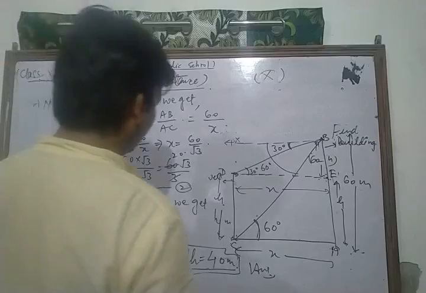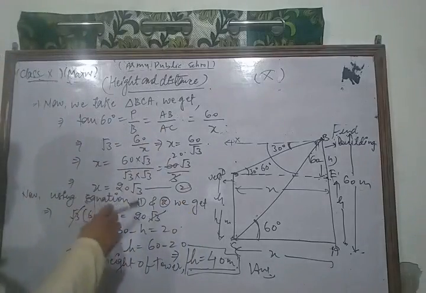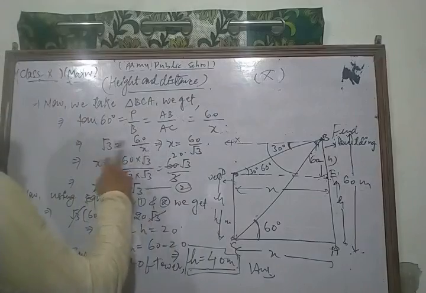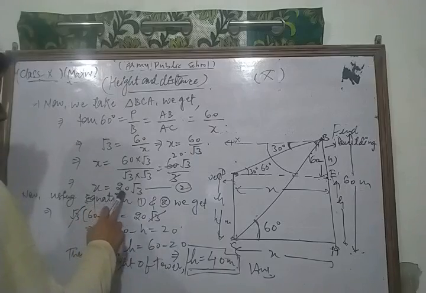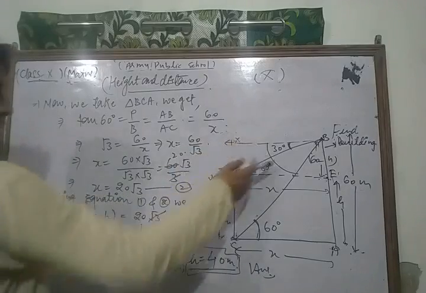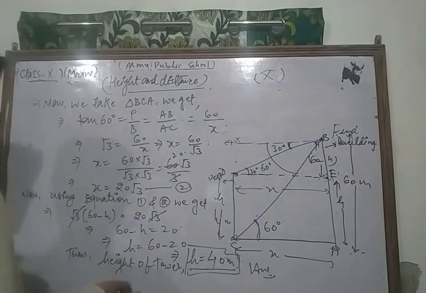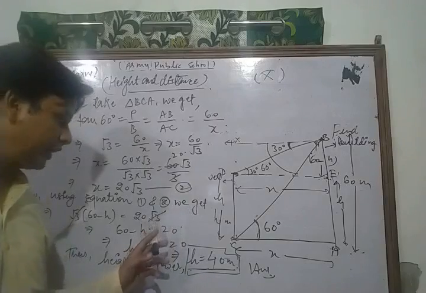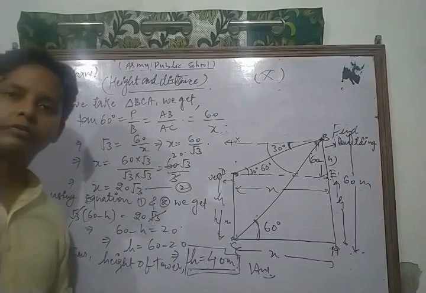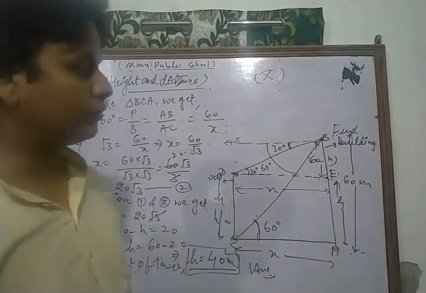You know that the value of tan 60 is root 3. So we simplify and get x is equal to 20 root 3, and from the other triangle we also have a relation. Now using equations 1 and 2, we equate the value of x and simplify, so we get the value of h, which is the required height of the tower.